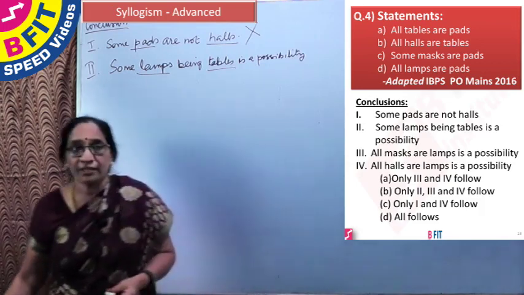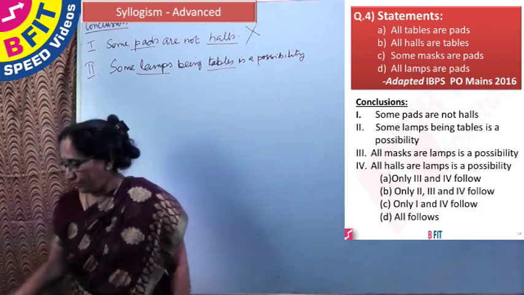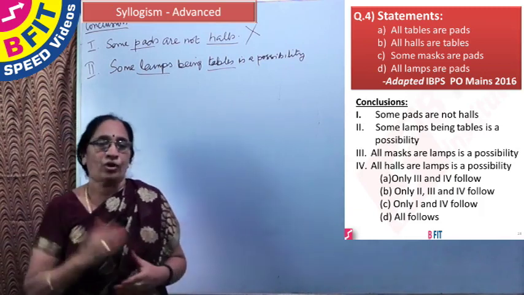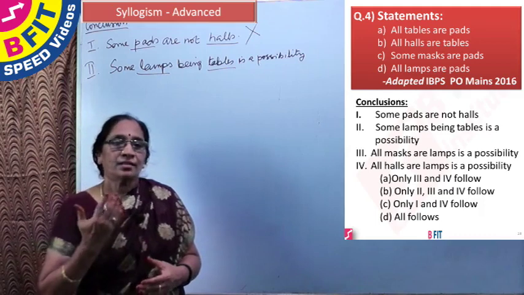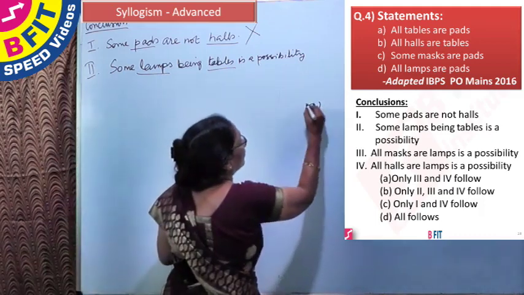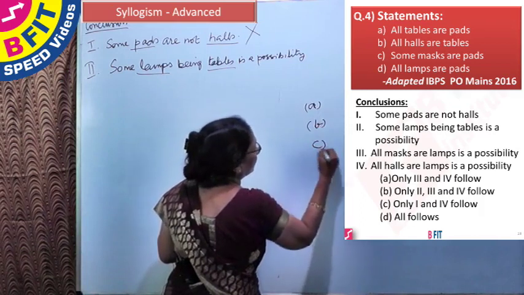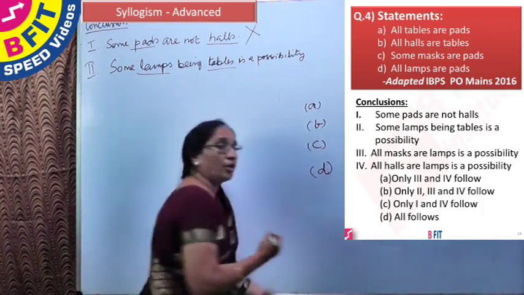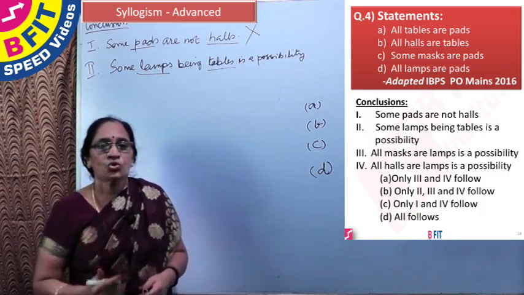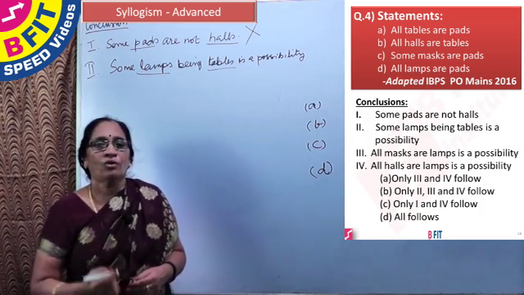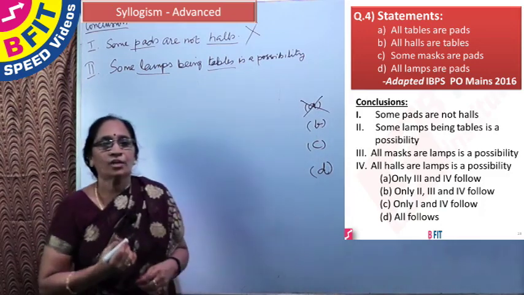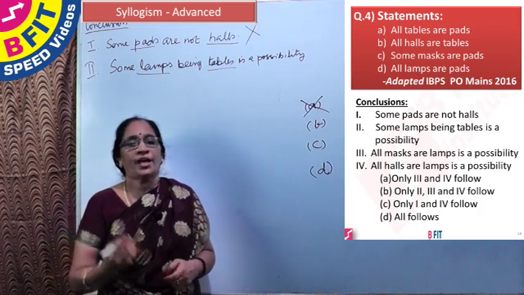Now let us check the third conclusion. But before that, if we check the answer options, the first option says only 3 and 4 follow. That is to be eliminated, because we have already proved that the second conclusion is true. The second option says only 2, 3 and 4 follow.